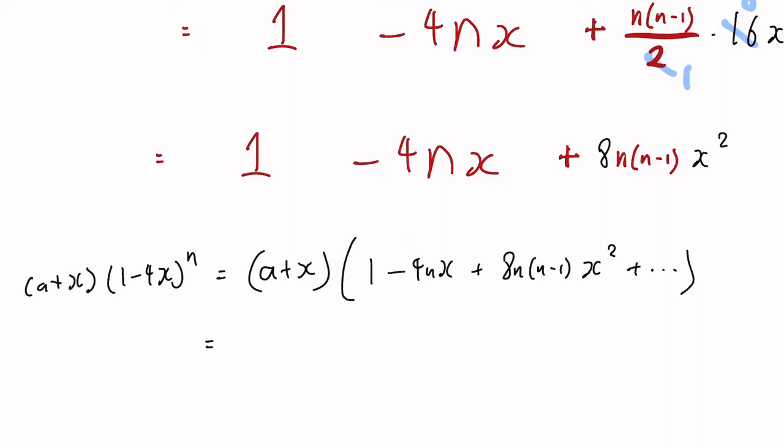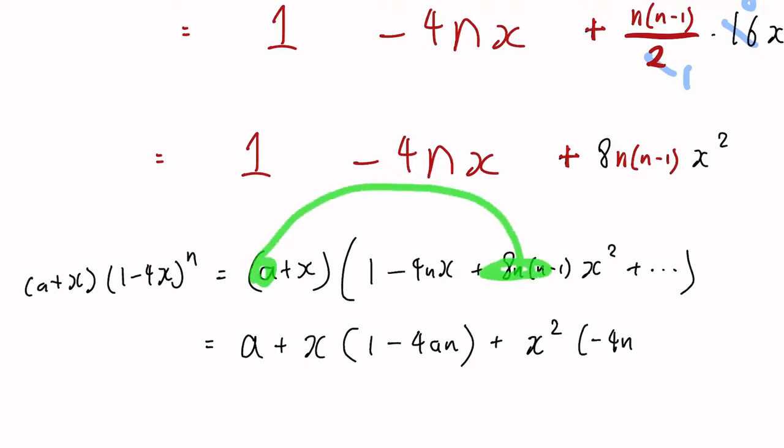Multiply out. Constant a times 1, plus linear term will be x times 1, a times minus 4nx. So plus x bracket 1 minus 4an. Then quadratic term. x times x will give me x squared, so I'll have a negative 4n times 1.